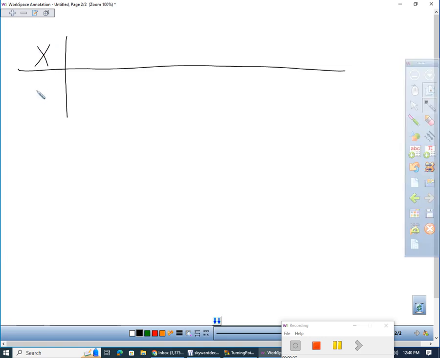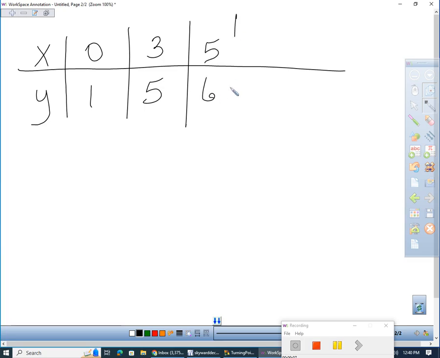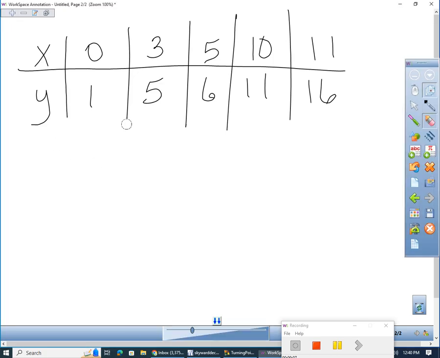I'm just going to use x and y for now. And let's go with 0, 1. Let's go 3, 5, 5, 6, 10, 11, and let's say 11, 16. Okay. So we want to write a line of best fit equation for this data, for these points.